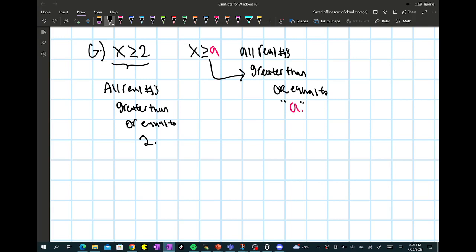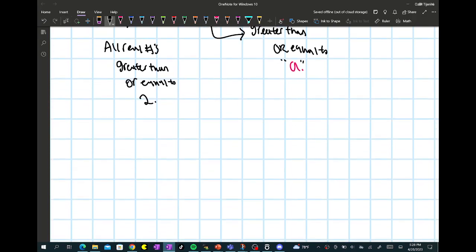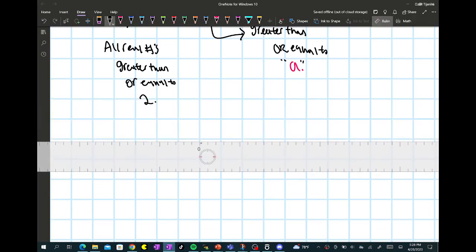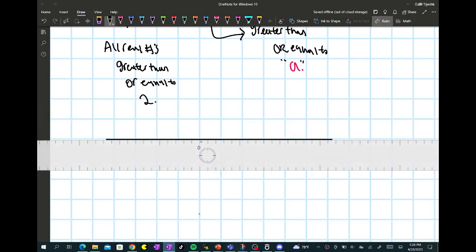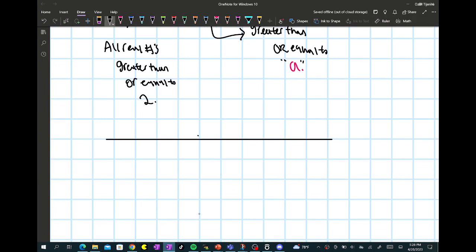Now, how does this look in interval notation? I'm going to do a small number line here. 0, 1, 2, 3, 4, 5, 6, so on and so forth.